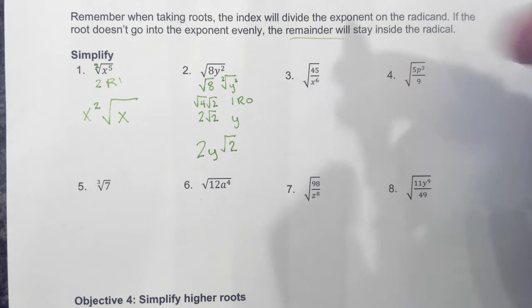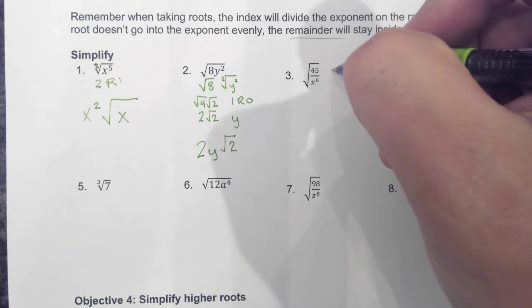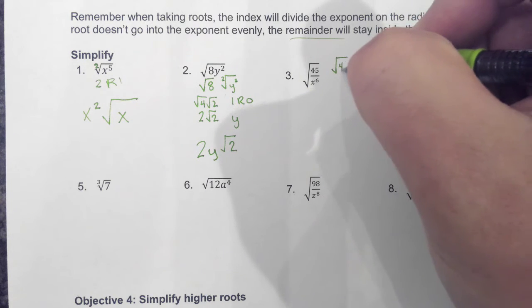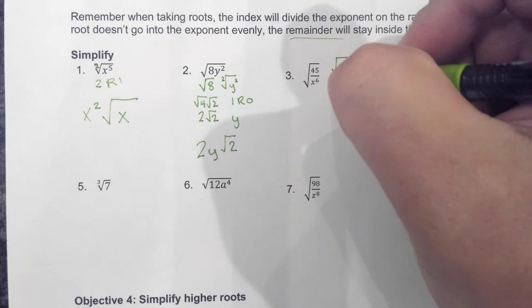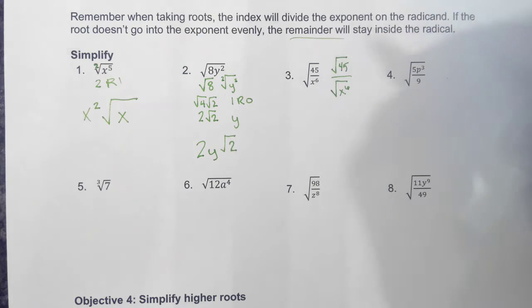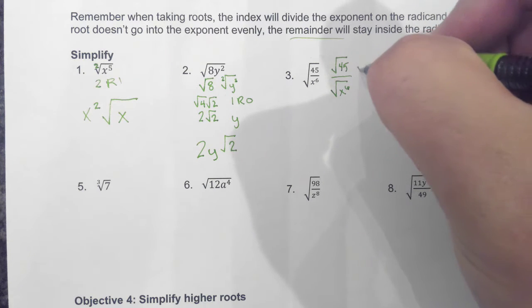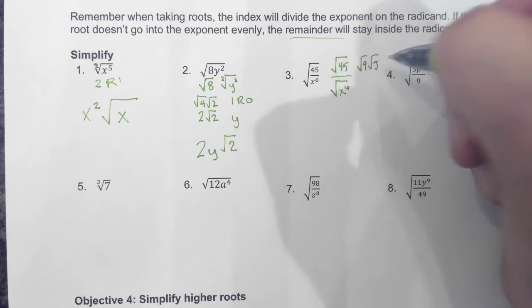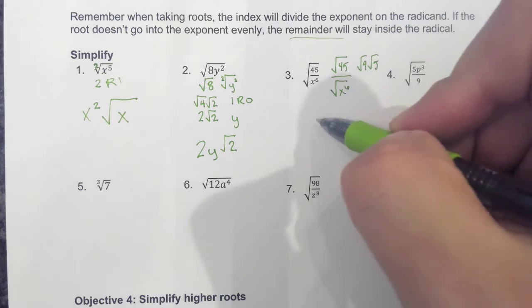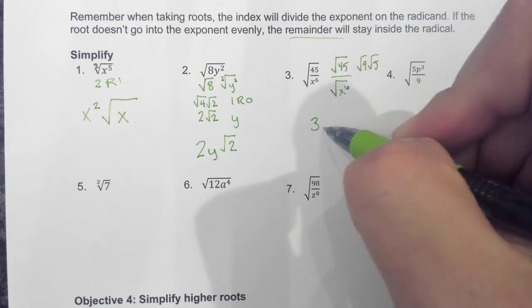Number 3, again, you want to do it piece by piece. This time they're vertical pieces, so we have the square root of 45 on top and the square root of x to the 6th on bottom. Looking at that numerator, what perfect square divides 45? Well, 45 is 9 times 5. And the square root of 9 is 3, and then I would have the square root of 5.